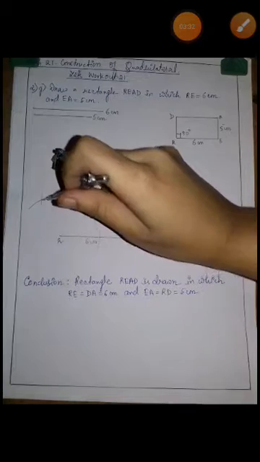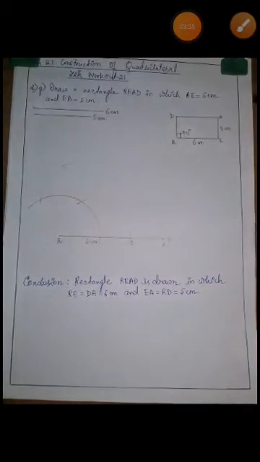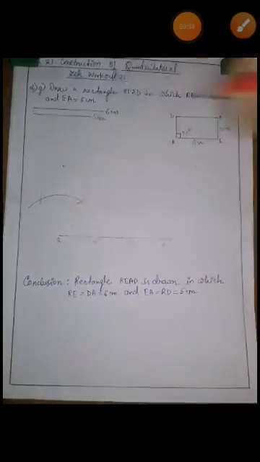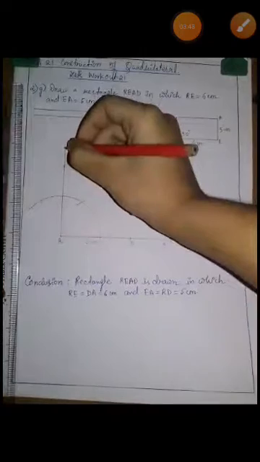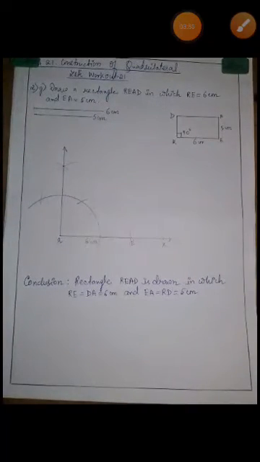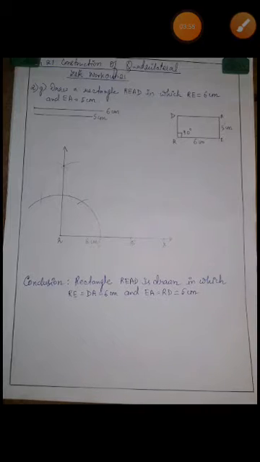Now on top you are cutting, and again placing here you are cutting. So you have got this point. Now you are joining R with this point. Now since it is a ray, I can extend it as much as I want.